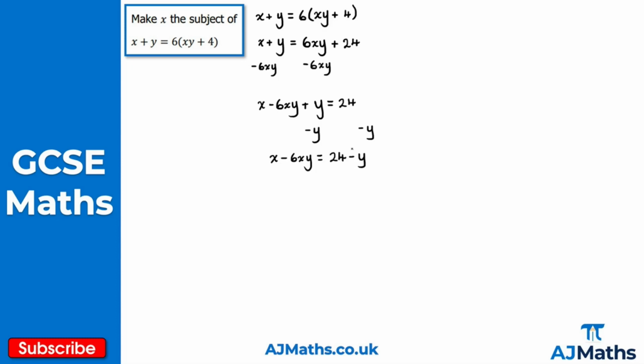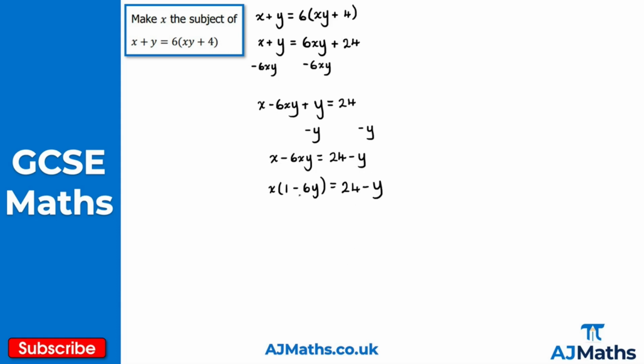Okay, so from here, we're just looking to make x the subject. So what I need to do now is factor x out here from the left hand side. So we'll get x lots of 1 minus 6y, and that will be equal to 24 minus y. And then we're nearly done here. All we're looking for now is x equals.